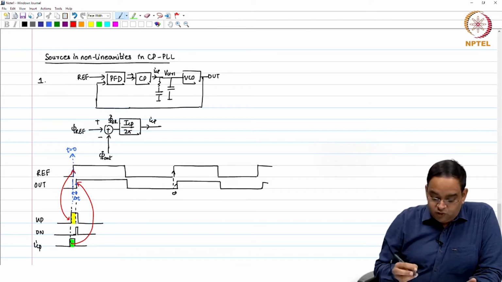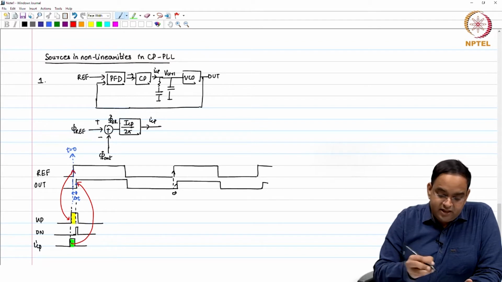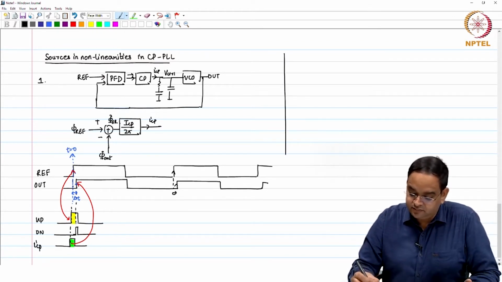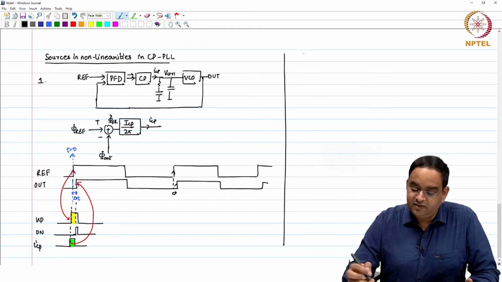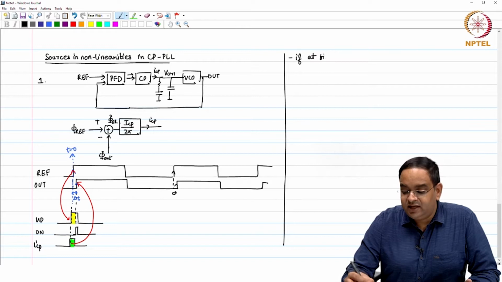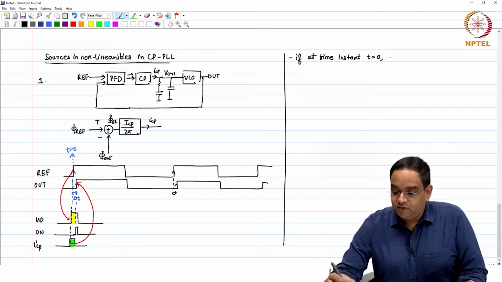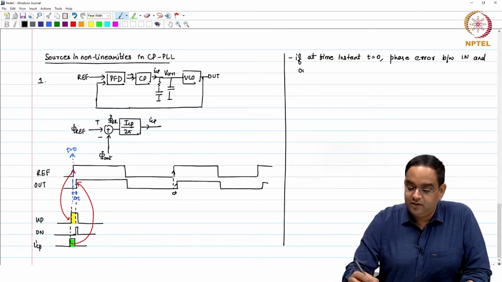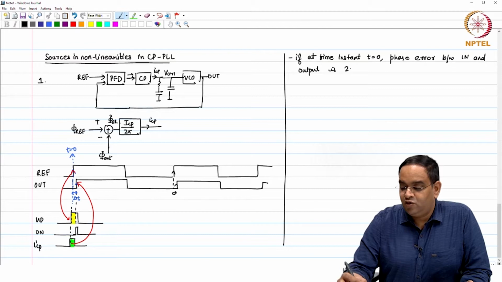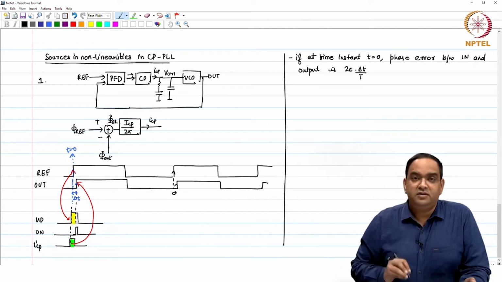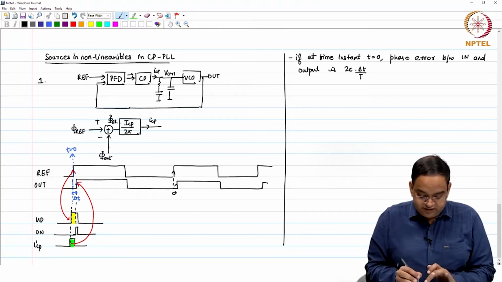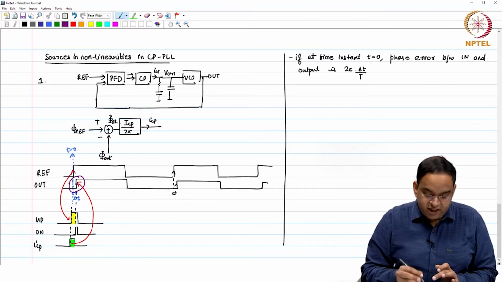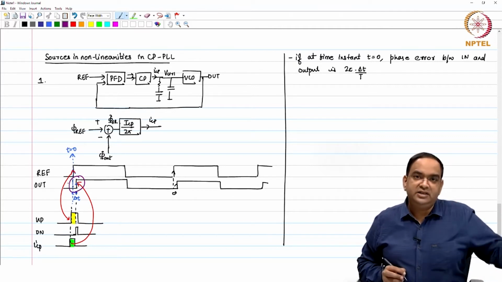Okay. So, if at time instant t equal to 0, the phase error between input and output is 2 pi delta t by T. That is what I am looking at without considering that the charge pump current comes and changes the control voltage.